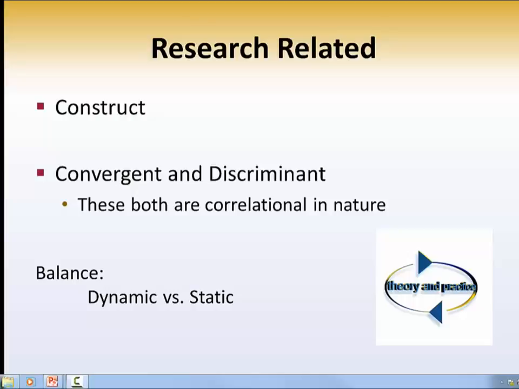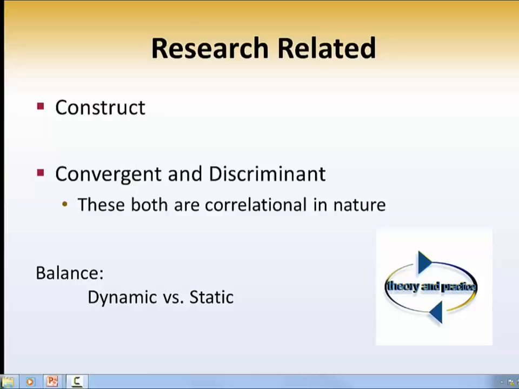Convergent and discriminant validity relate to correlational validity in the sense that you're looking at whether or not there's a relationship between variables. Take, for example, balance. Assume that you believe that there are two types of balance. Dynamic balance, which is balance when you're moving, and static balance, which is balance when you are standing still.